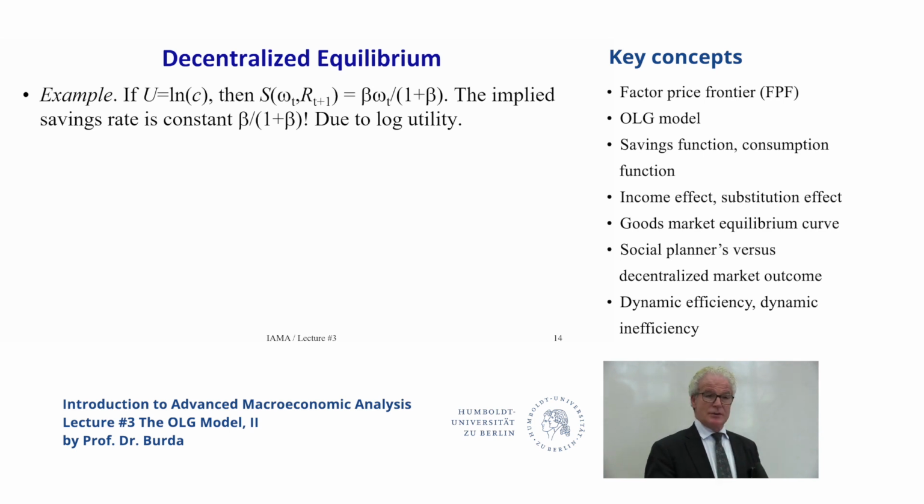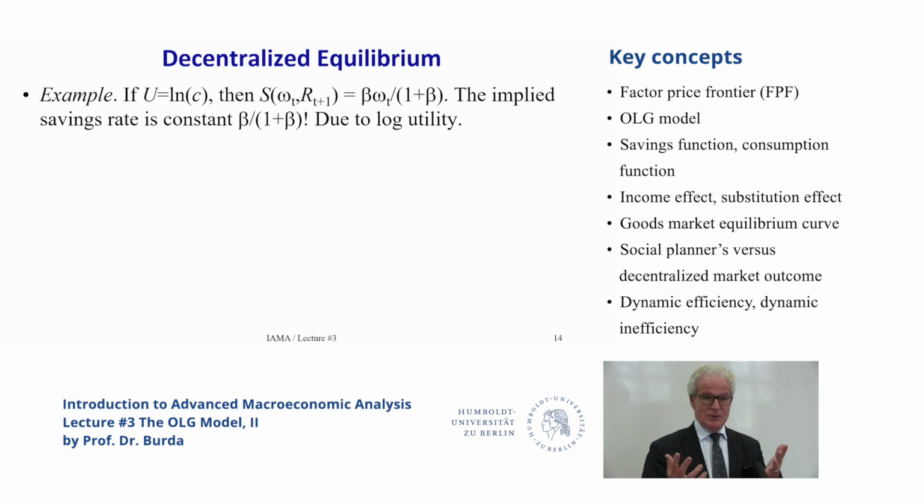Under those conditions, and you can do it in your sleep, basically, it's very easy. You get a constant savings rate. Regardless of what your wage is, you're going to save beta divided by 1 plus beta of that wage. Okay, that's just one example.